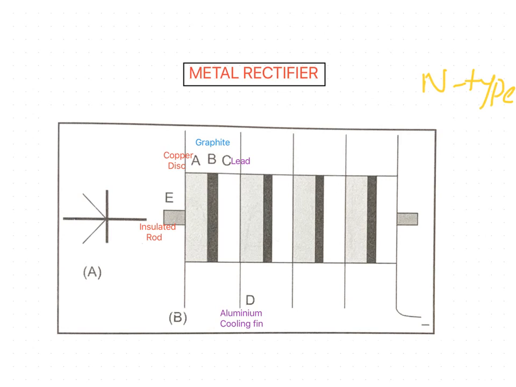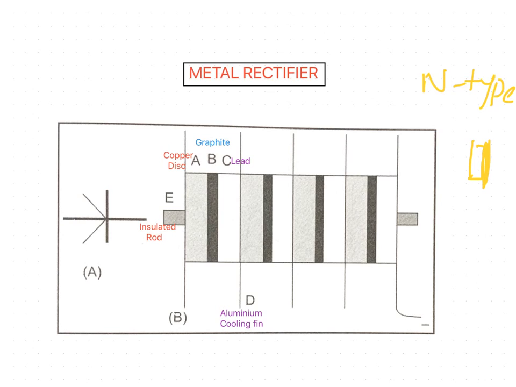When the copper and copper oxide are in contact, a potential difference develops at their junction.